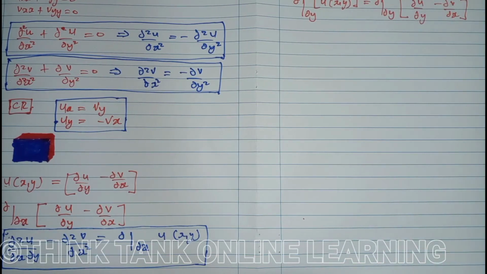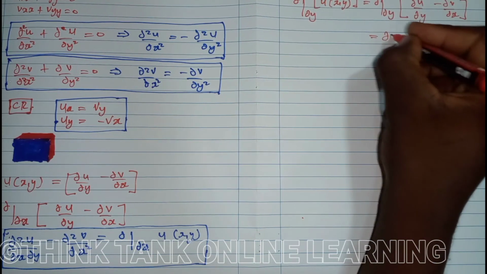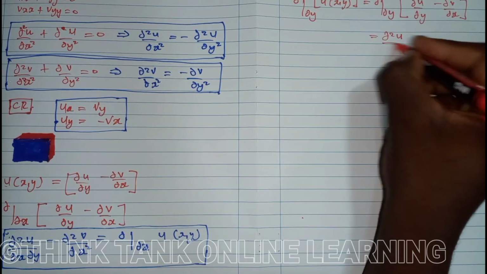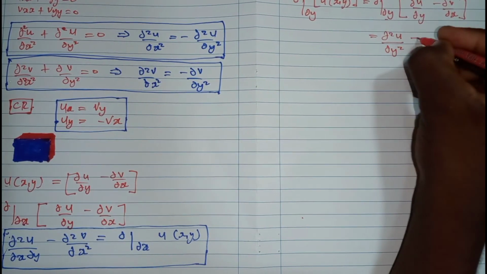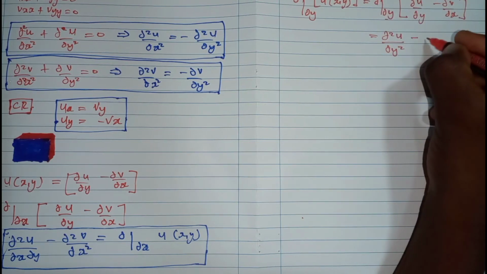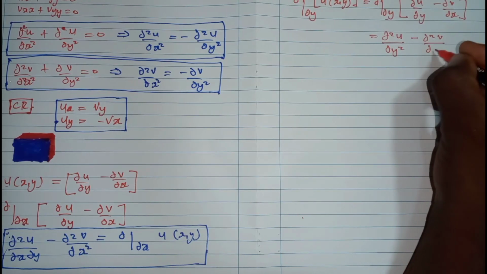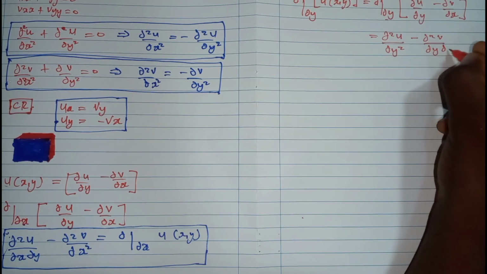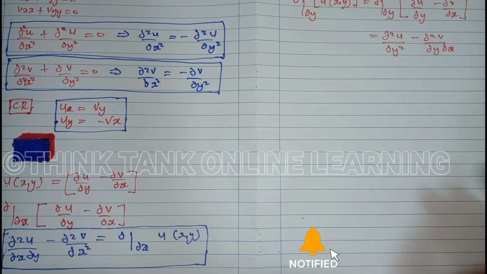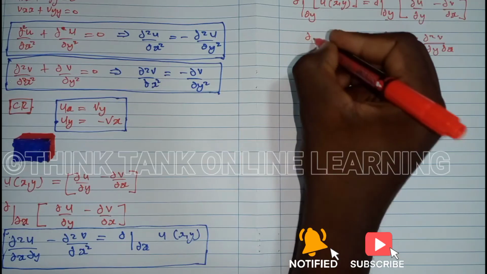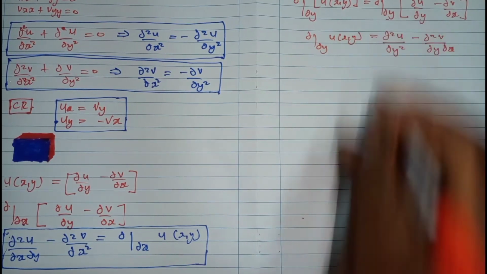For the first term, I'm going to have partial squared u over partial y squared, minus partial squared v over partial y partial x. So this is the partial y of u(x, y).